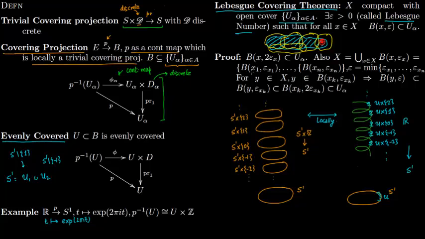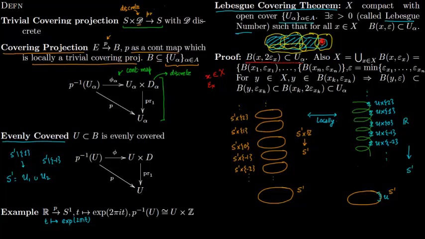So let us start with this. For each x in the space X, you pick an epsilon x so that B of x comma 2 epsilon x lies in U of alpha.